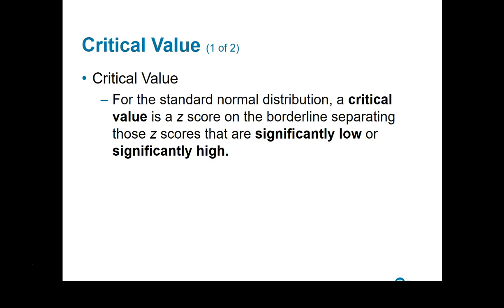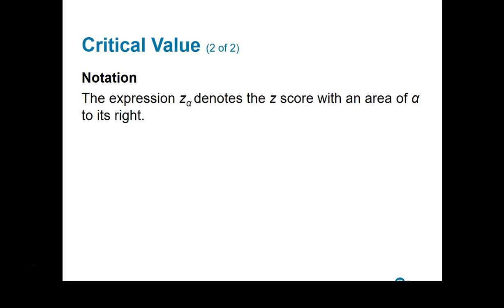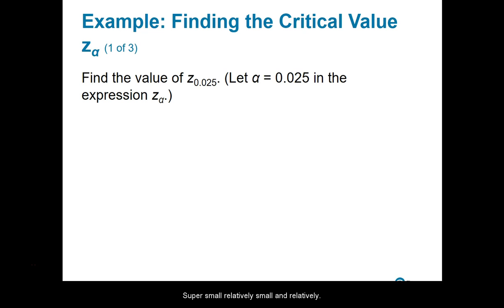Critical values. For a standard normal distribution, the critical value is going to be a score on the borderline separating those scores that are significantly high or significantly low. And these would be denoted Z alpha. And we're looking at the areas that are relatively small and relatively low.